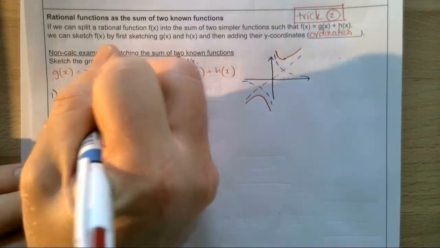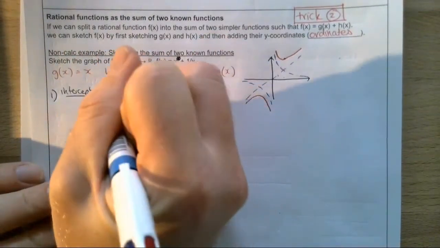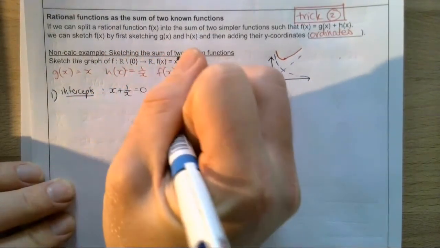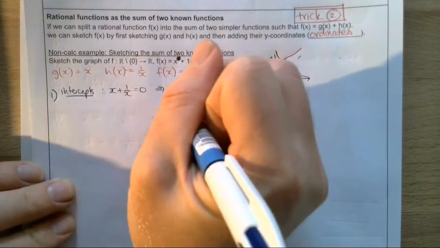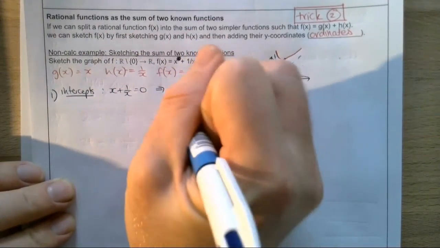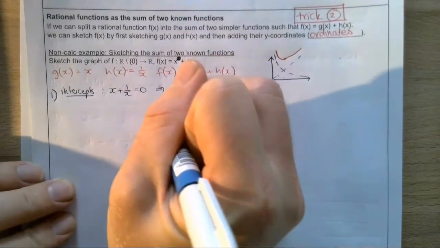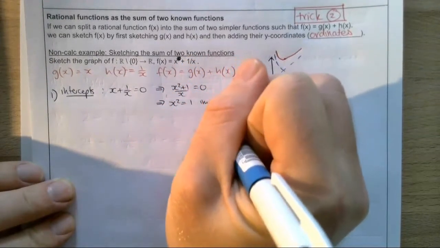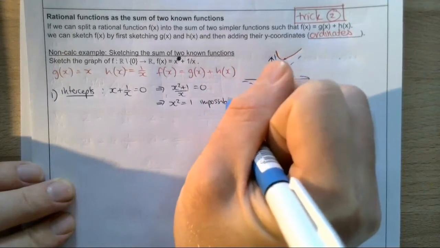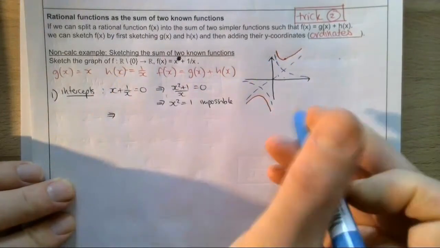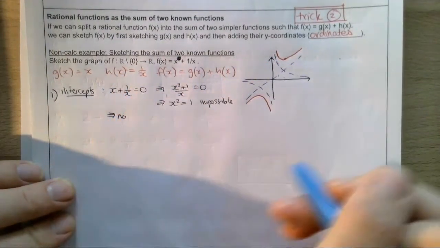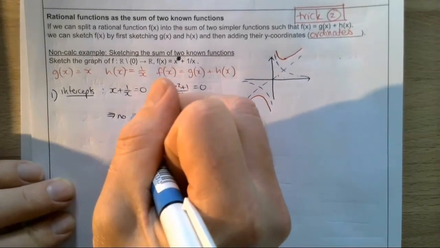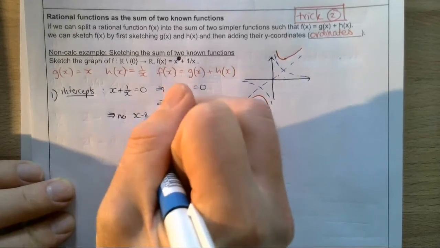Intercepts. I'm going to get an intercept if x plus 1 over x equals 0, but that would imply that x squared plus 1 equals 0, which would imply that x squared equals minus 1, which is impossible. Therefore, no x-intercept.